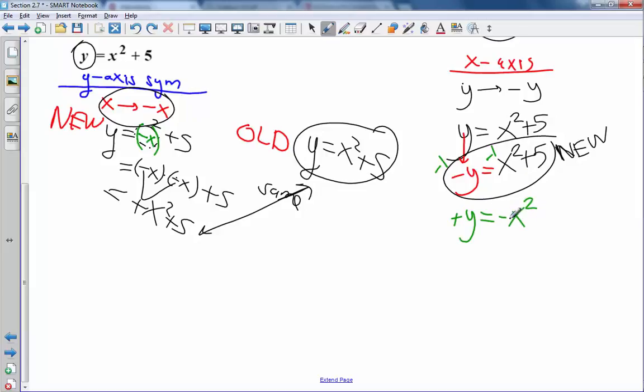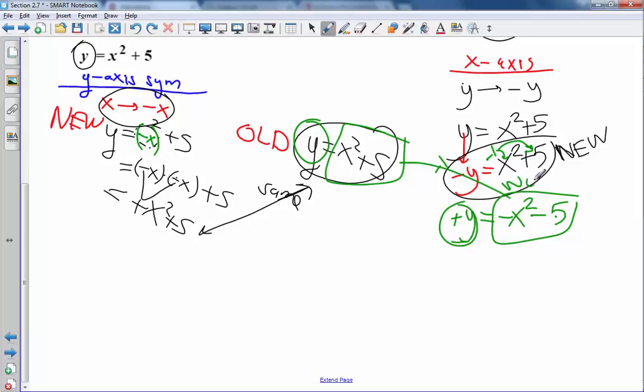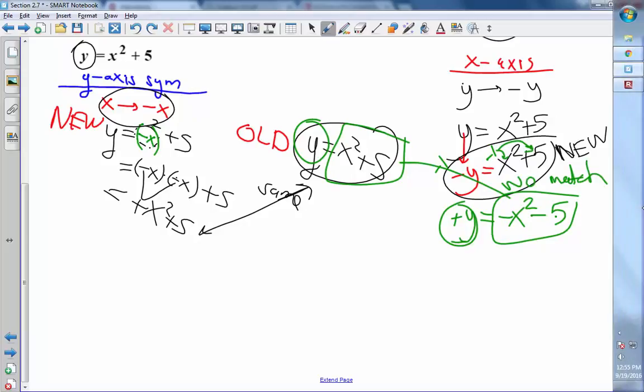Is that so? No. If I multiply the right side by -1, this guy and this guy, unfortunately, while you are fixing these sides, yes, they are matching. What happened to the other sides? No match. Right? No match.